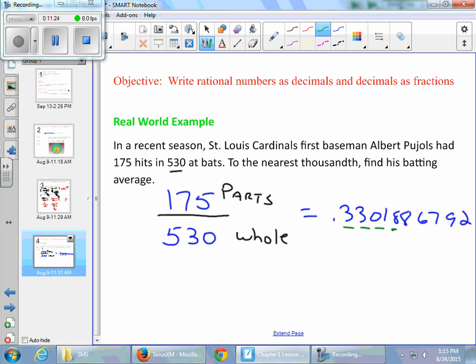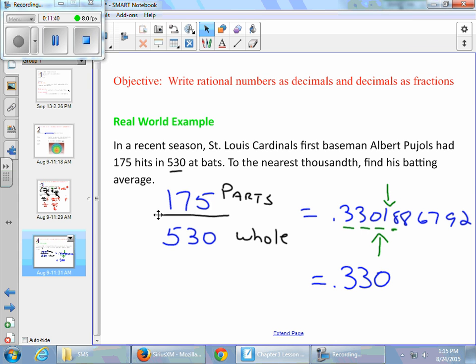So there's the spot we're looking for. Now we can look back at it to see if this is 5 or higher. If it's 5 or higher, it rounds up. If not, it stays the same, and it's a 1. So Albert Pujols' batting average is 0.330. Okay, any questions, please write them down or review the tape, and we will go over this in class.